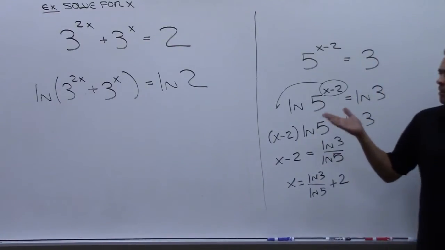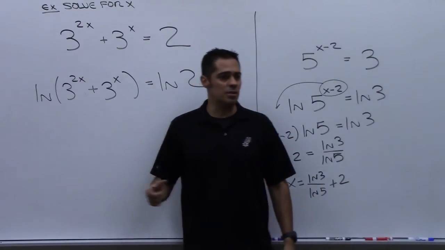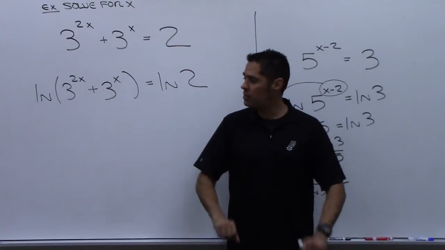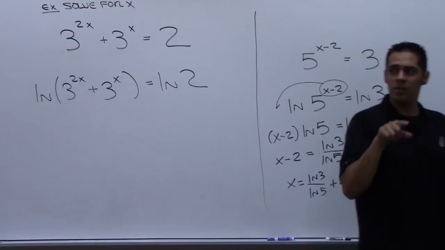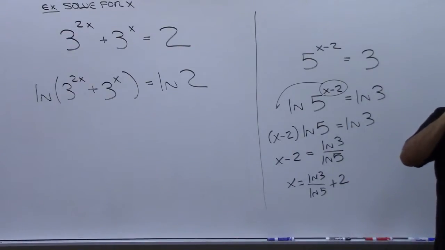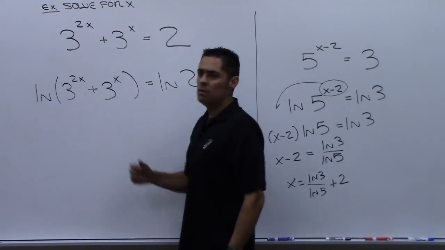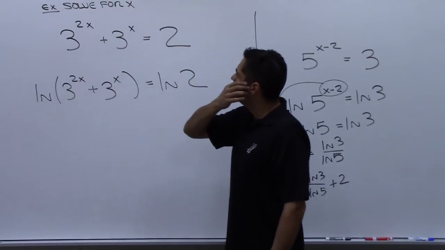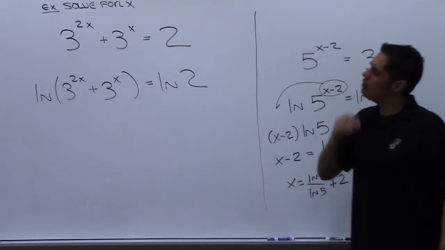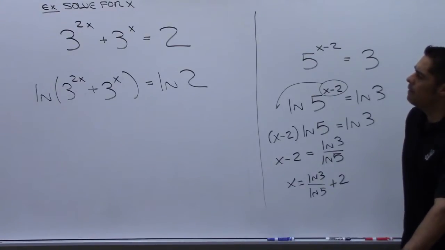Can I do anything on that left side? Can I drop any powers down? No, because they're separated by addition. Can I split it into 2 logs? No, because to split it into 2, you need multiplication.